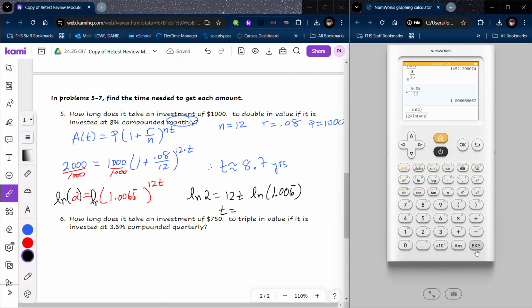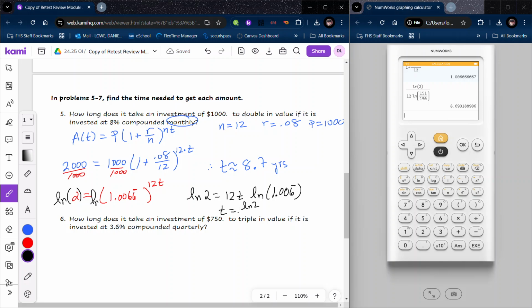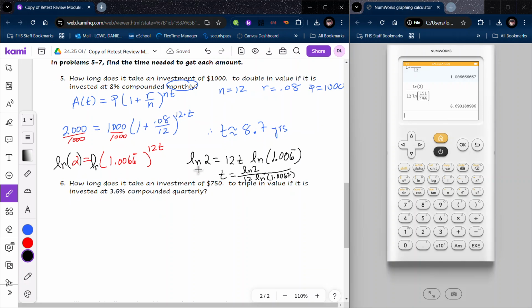I'm just going to use answer because it's 1.0067, and you'll notice that we get that same value of approximately 8.7 years. But the exact value would be the natural log of 2 all divided by 12 times the natural log of 1.0067 approximately. Okay, so that's solving to figure out how long it takes to double.